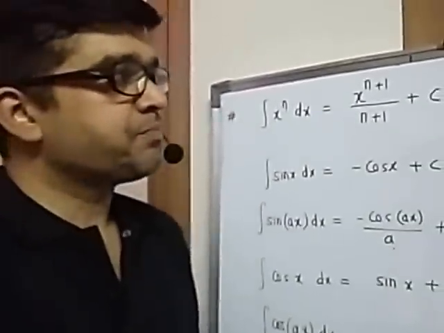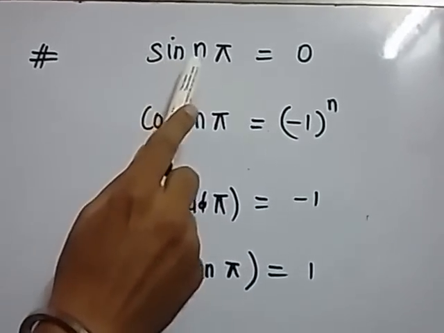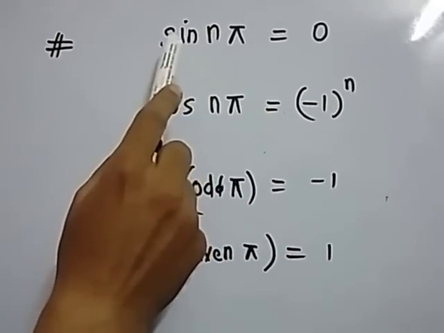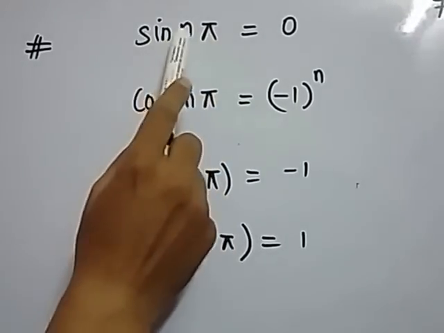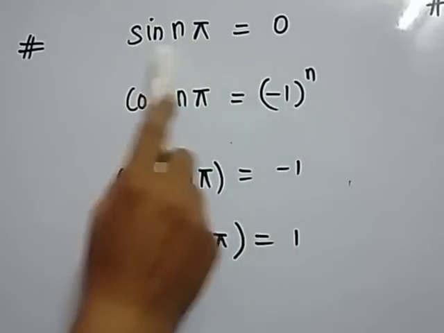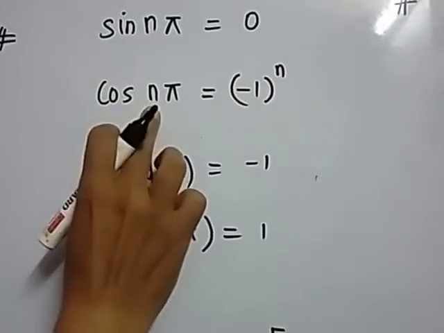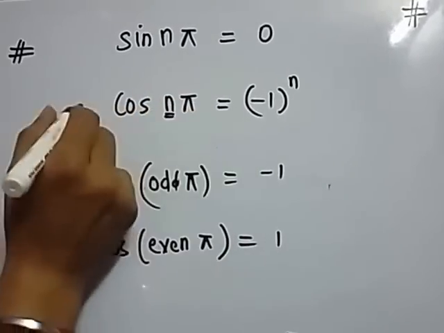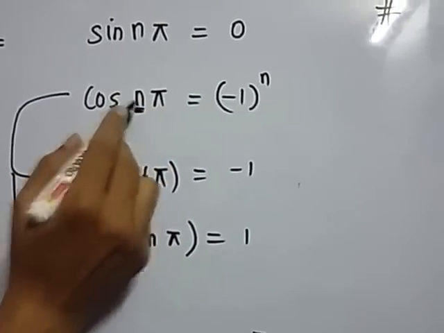Apart from this, please remember this very useful formula. Sine of n pi is always 0, where n can be any integer. So sine 1 pi, sine 2 pi, sine 3 pi, sine 4 pi, sine 5 pi, all values are equal to 0. Cos n pi equals minus 1 raised to n. This n can be either an odd number or an even number.